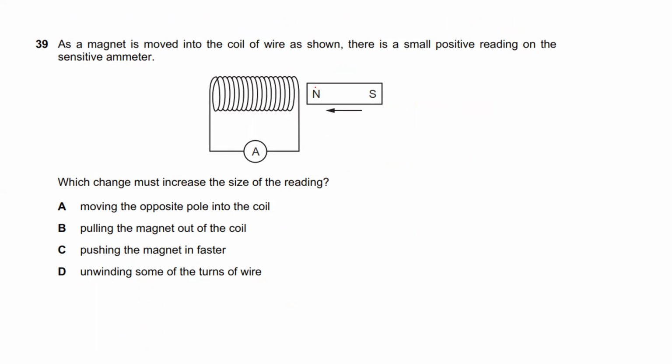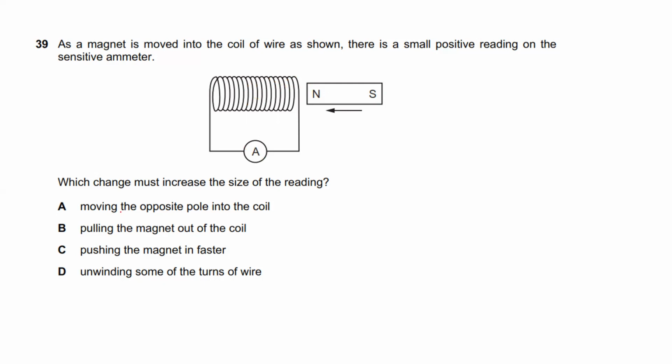So as it moves, there is a change in magnetic flux, and that change in magnetic flux results in production of current through this coil. So the faster the rate of change of magnetic flux, the more will be the value of current. The more the number of turns in this coil, the more will be the flux linkages, and the more will be the value of current or the size of reading at A.